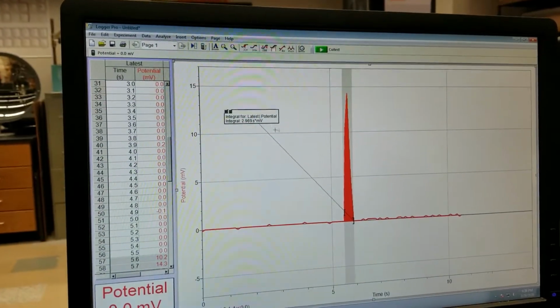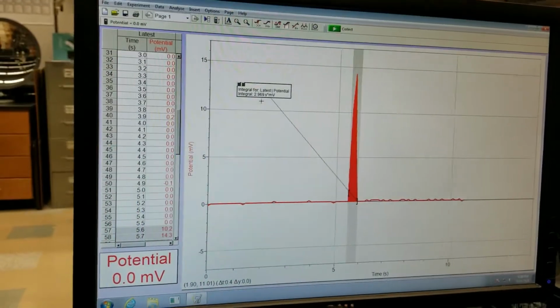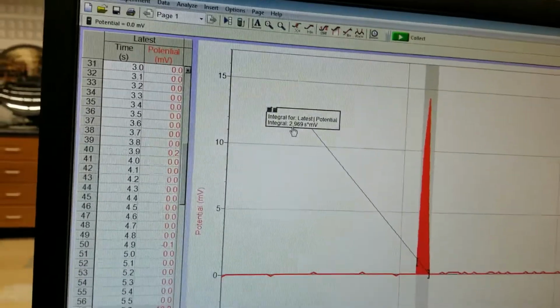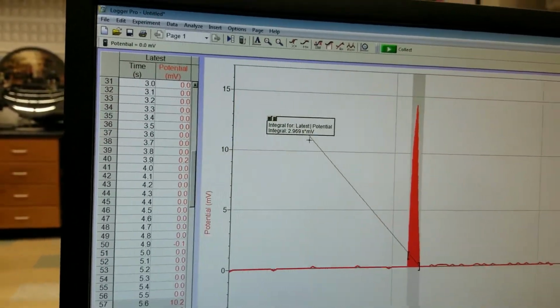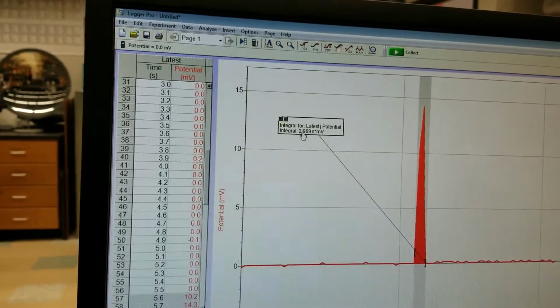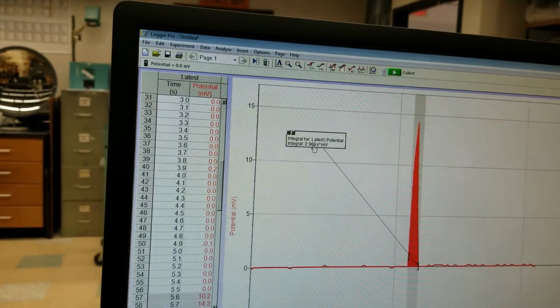This tells me the impulse, VIMP, we are using in this experiment. So now it's 2.969 millivolt second. When you do the calculation, you will use 2.969 multiplied by 10 to the negative 3 volt second.